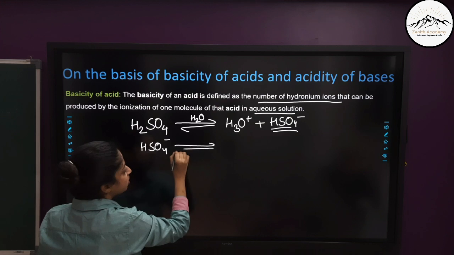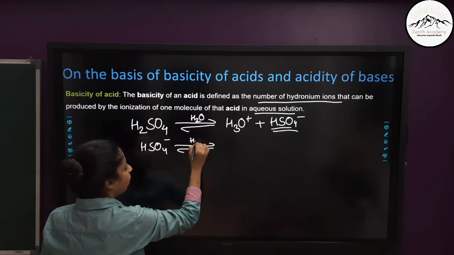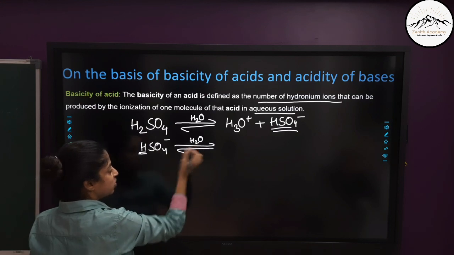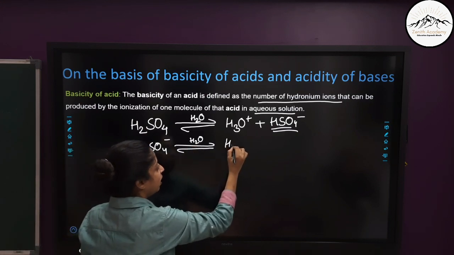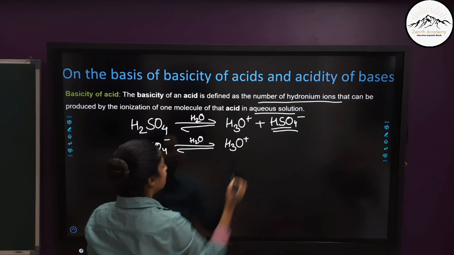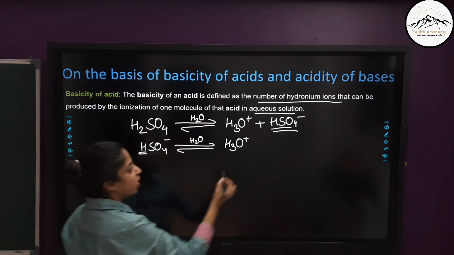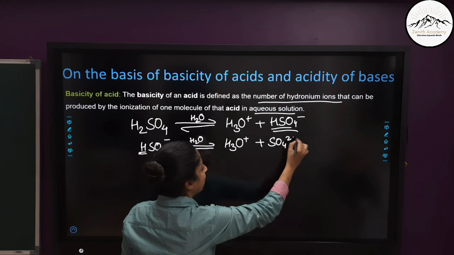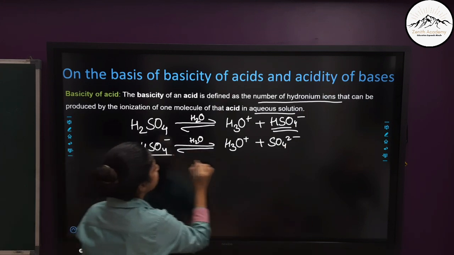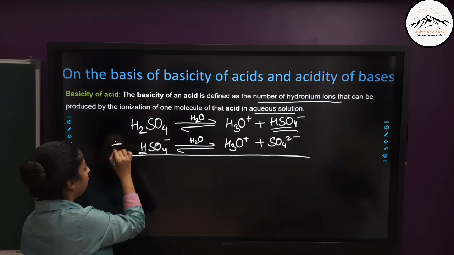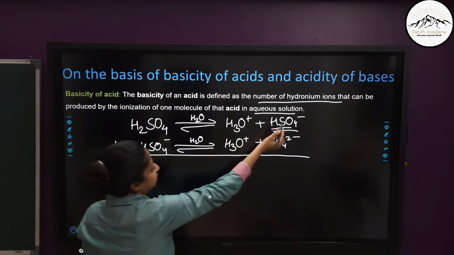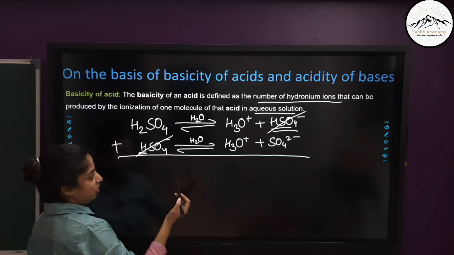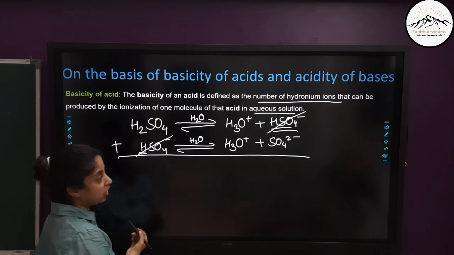Now this HSO4 minus will again dissociate in water. Here there is one H, so this H will react with water to form another hydronium ion, and since one more H is left, one more negative charge will come, so it will become SO4 2 minus. Now if you add these two reactions, this HSO4 minus is on the right hand side and the same is on the left hand side, so this gets mutually cancelled.